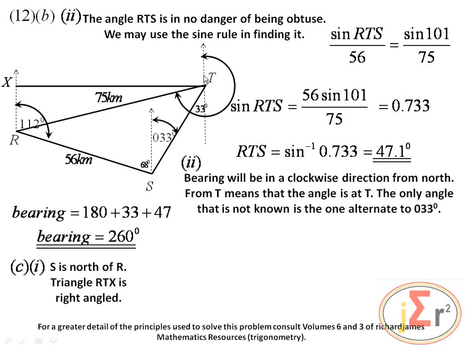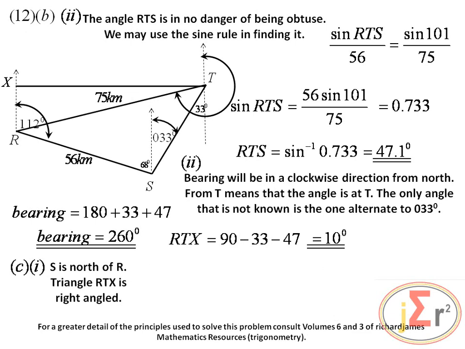Because this travels west, as long as you know anything about bearing, you should know that west is 270 degrees. So we have the angle to be 270 degrees minus 260 degrees, and that is 10 degrees.